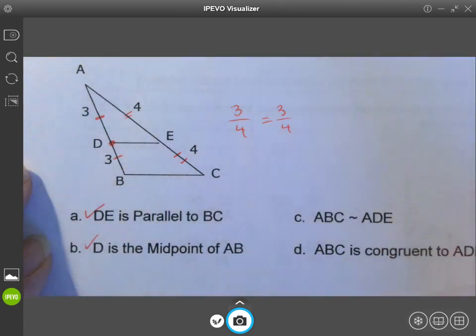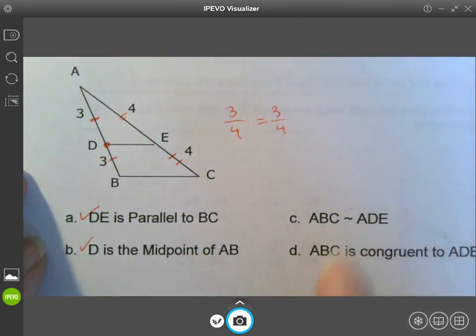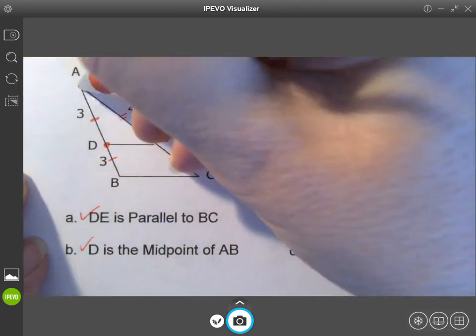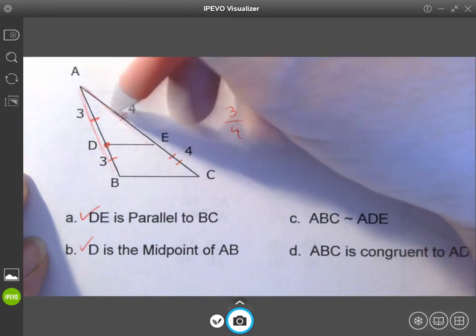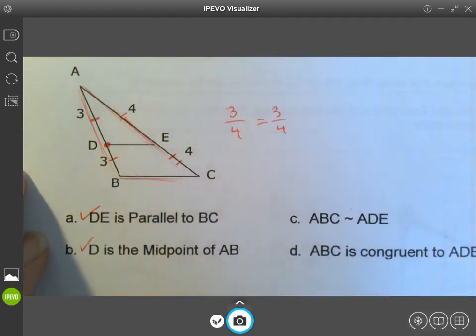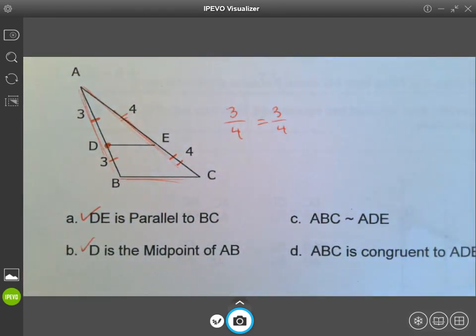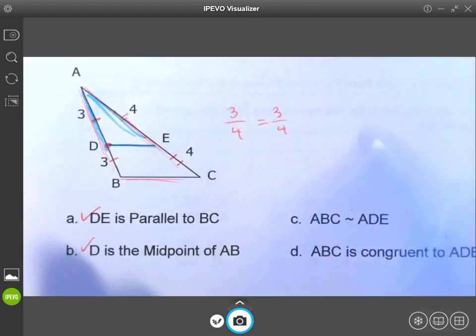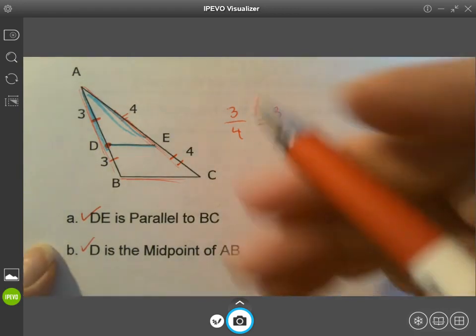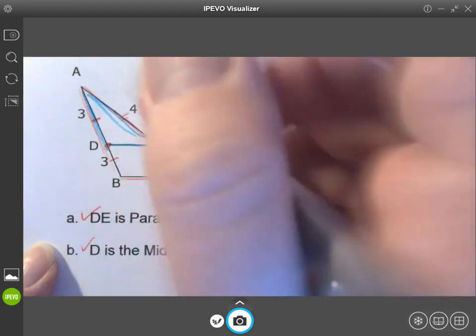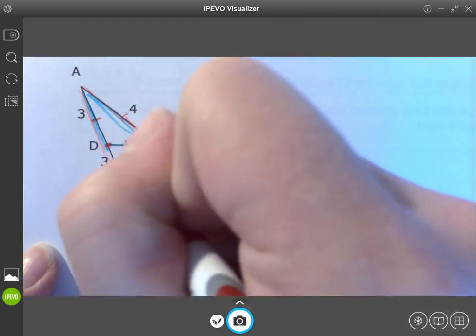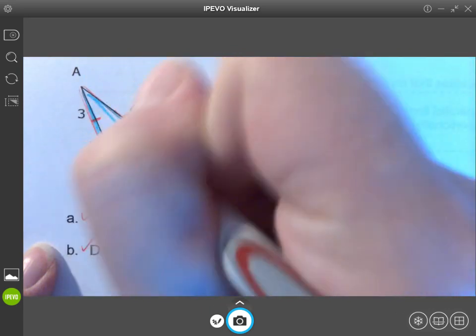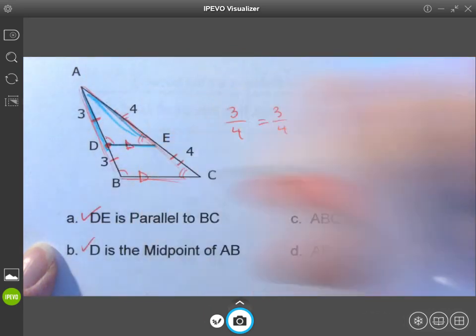So that is true. Triangle ABC, okay, let me find triangle ABC, the big triangle. Triangle ABC is similar to triangle ADE, which is the little triangle. Well, that's true also, because if these are congruent, we've determined that these lines must be parallel, then these angles are congruent.